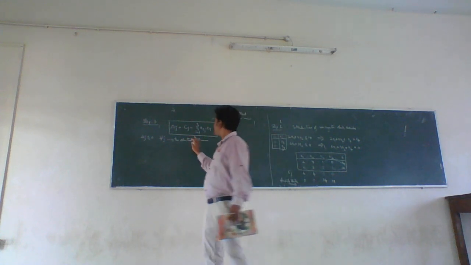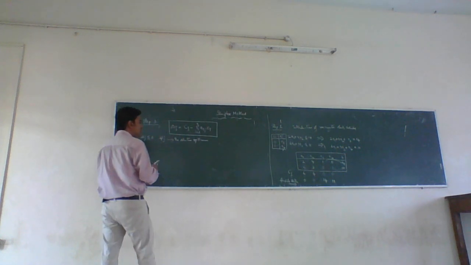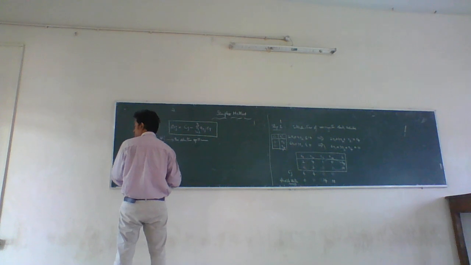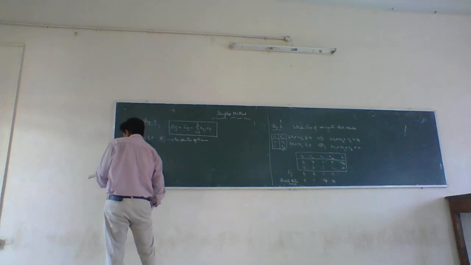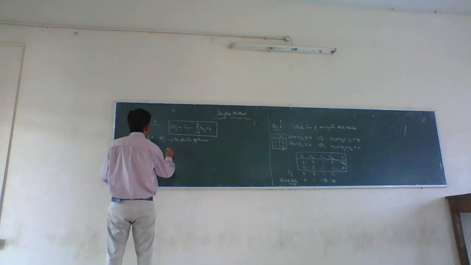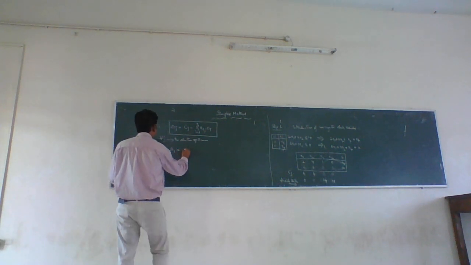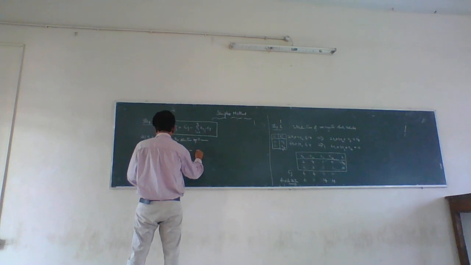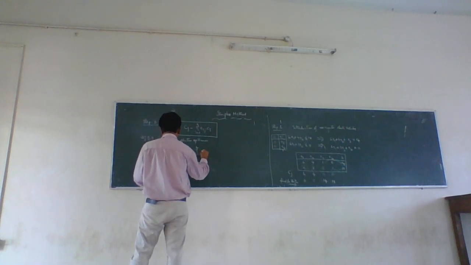Now let us calculate delta J for each value. Maybe I can write delta 1. Delta 1 is equal to C1 minus sigma I equal to 1 to 2, because there are only 2 equations.